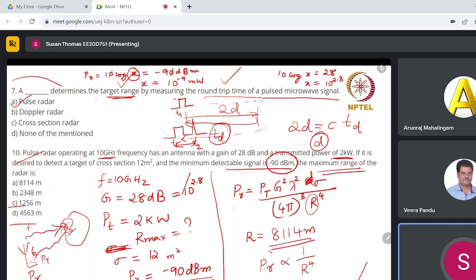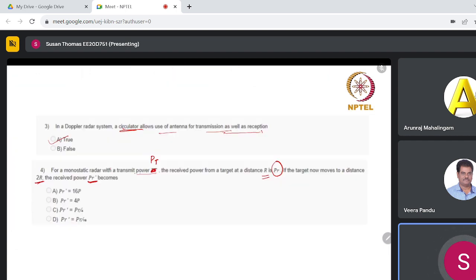That means if the distance increases, the received power will reduce. So here, the radar receives power PR at a distance R. Now suppose R becomes 2R, what will PR be?